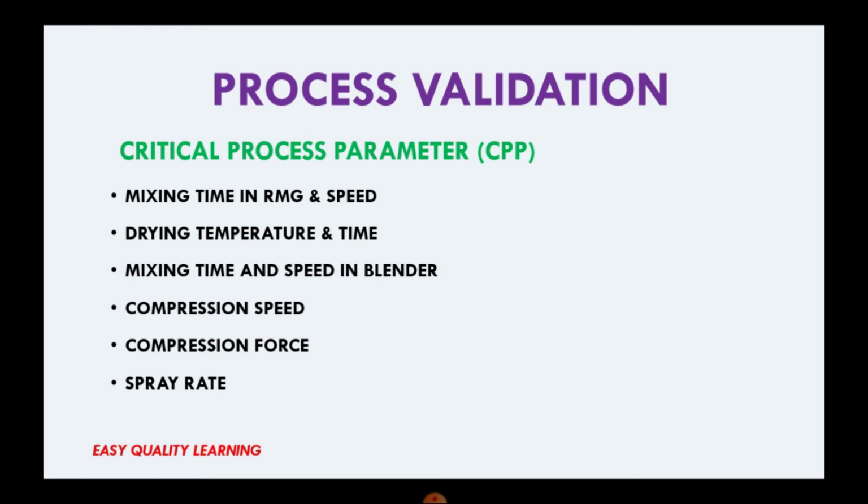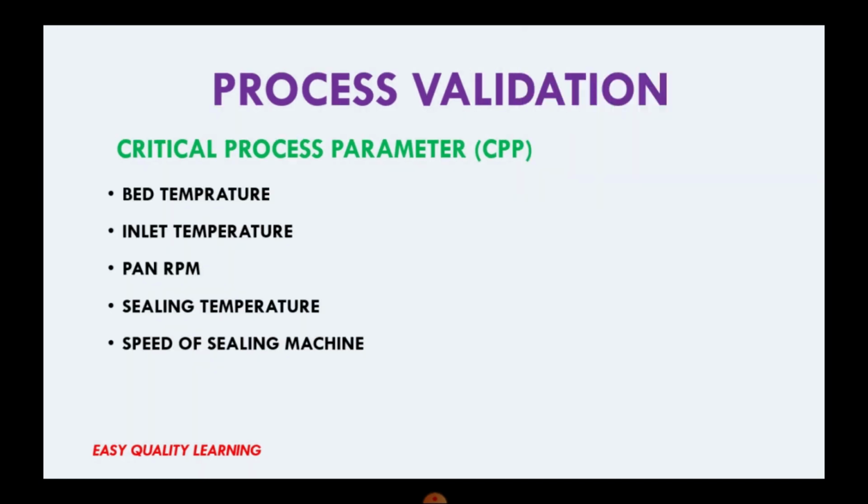Mixing time and speed in blender, when we are doing the blending, at that time your mixing time and speed of blender, which is the RPM of blender, that is a critical process parameter. Compression speed, compression force, then in your coating: spray rate, bed temperature, inlet temperature, pan RPM. During primary packing: sealing temperature and speed of sealing machines. So these are the general critical process parameters.